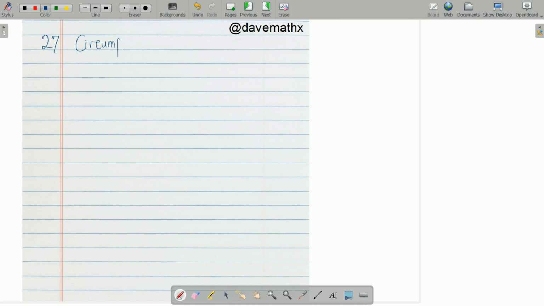So we start by knowing the formula of a circumference of a circle, which is 2 pi r. The diameter given in the question is 42 centimeters.